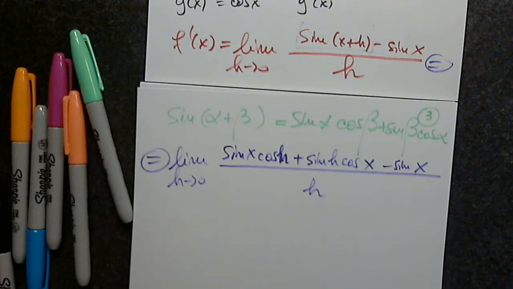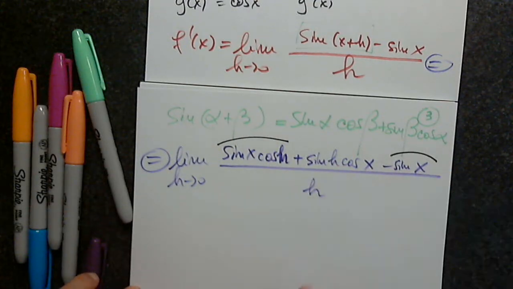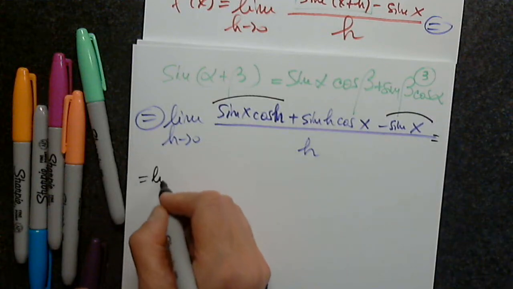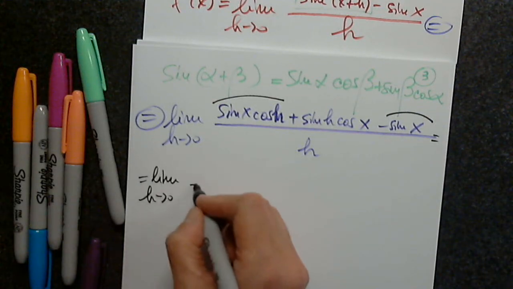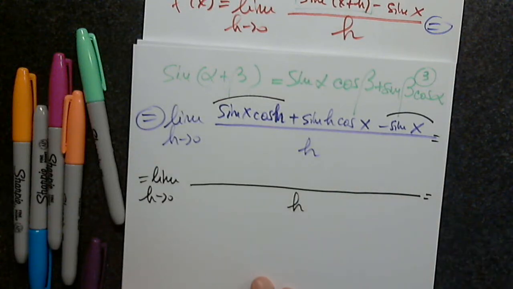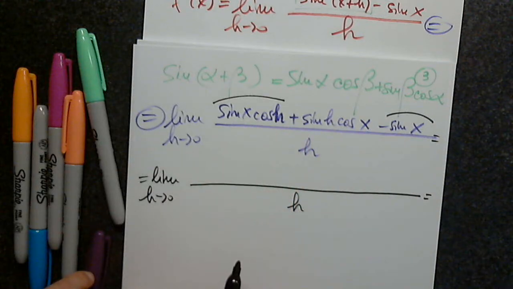Okay. Next step is to notice that these two have a common factor and pull out that common factor. Limit as h approaches 0. So if we factor out, what will we factor out from these two?